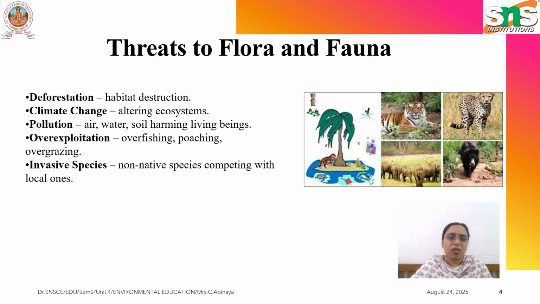And finally, we have urbanization and industrialization. When we expand cities and when industries grow, cutting off animal migration paths and disturbing natural habitats play a very important role in extinction of flora and fauna.